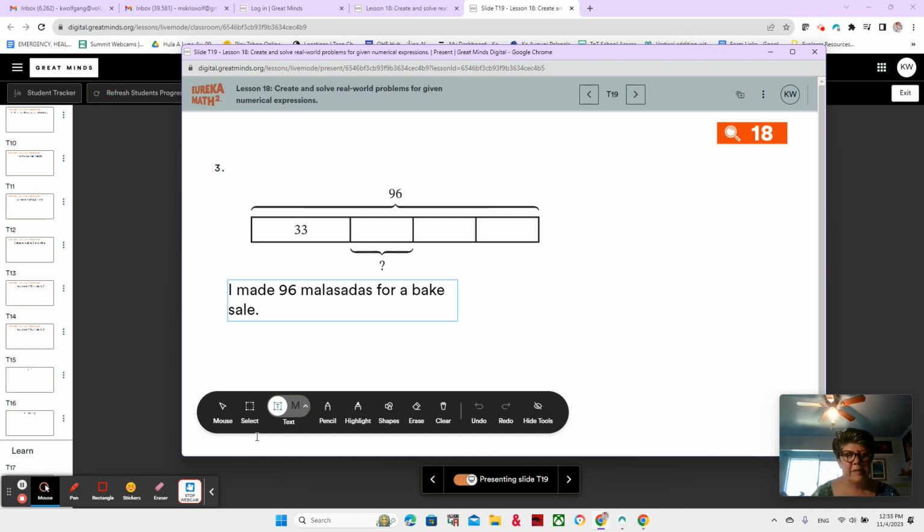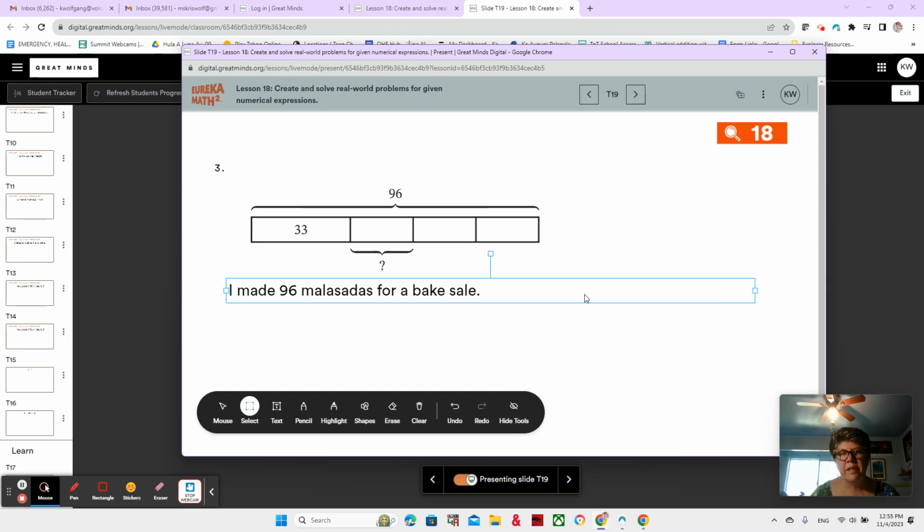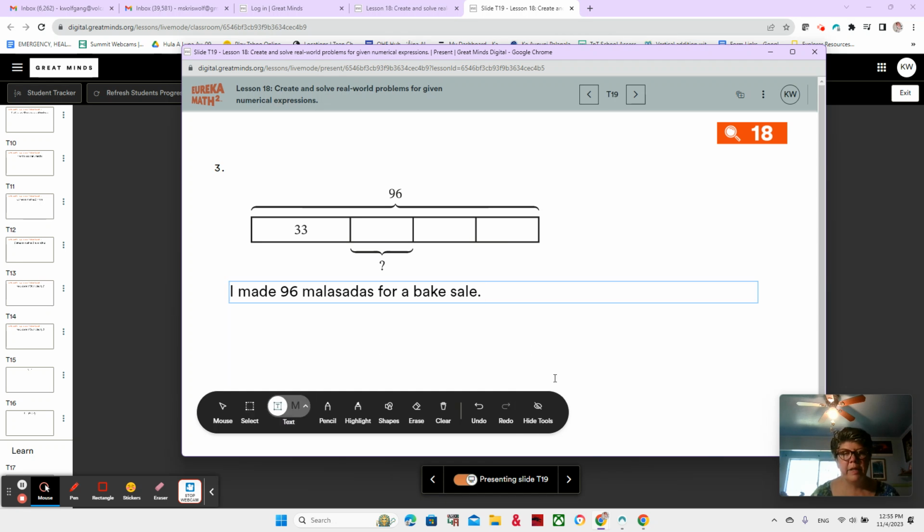All right, now let's see if I can stretch it here before we start going on. Yeah, there we go. Okay, and you're copying this down along with me, right? I made 96 malasadas for a bake sale. I sold 33 of them, okay? Because you see how this 33 is bigger and kind of by itself.